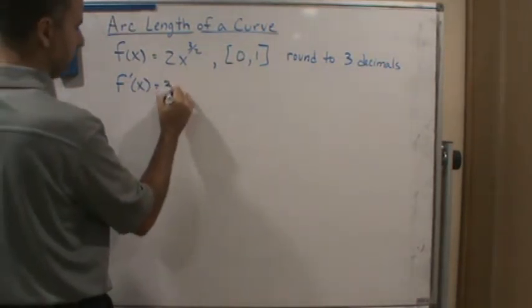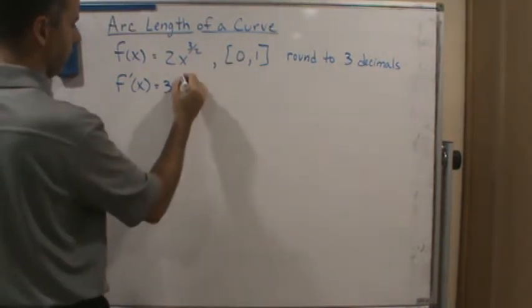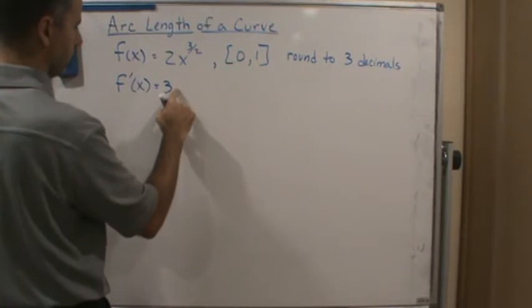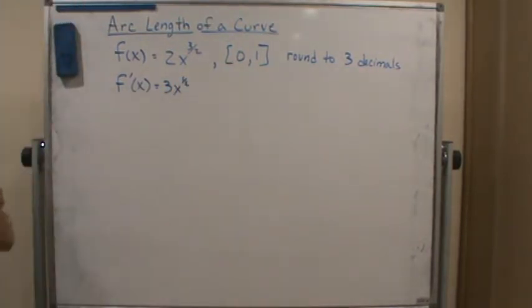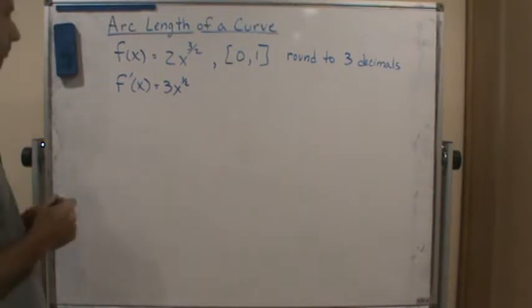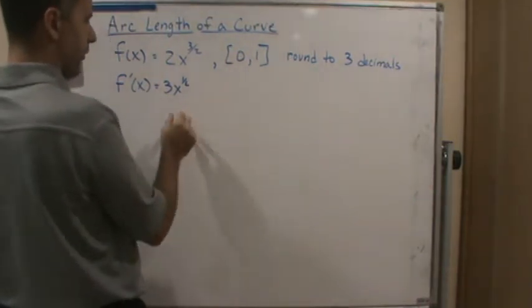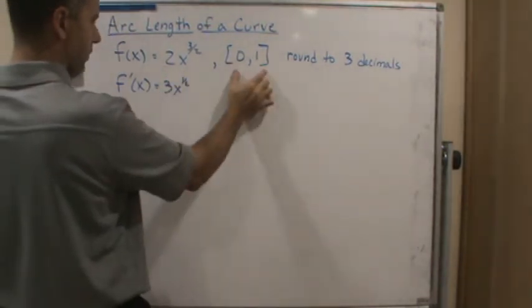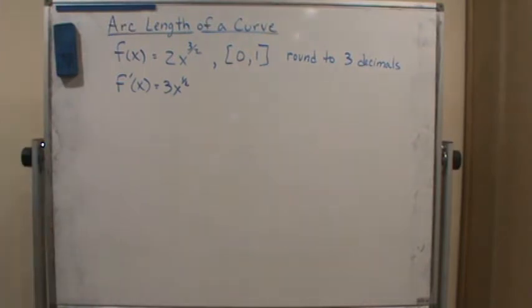In this case, it's going to be 3x to the 1/2, which is continuous. Over this interval, this is differentiable and definitely continuous. Okay, so we're good. Now we can apply the arc length.